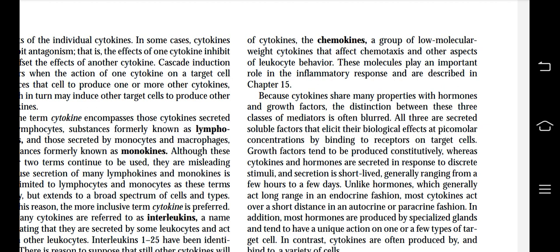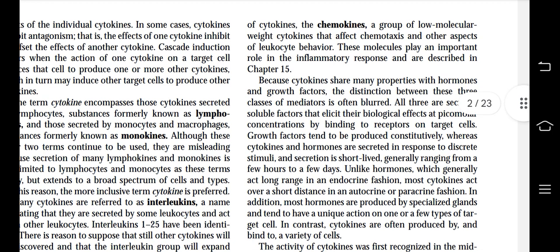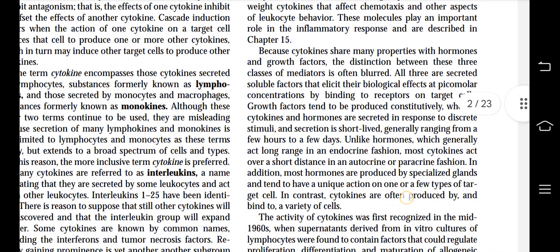Unlike hormones, which generally act long range in an endocrine fashion, most cytokines act over a short distance in an autocrine or paracrine fashion. In addition, most hormones are produced by specialized glands and tend to have a unique action on one or a few types of target cell. In contrast, cytokines are often produced by and bind to a variety of cells.